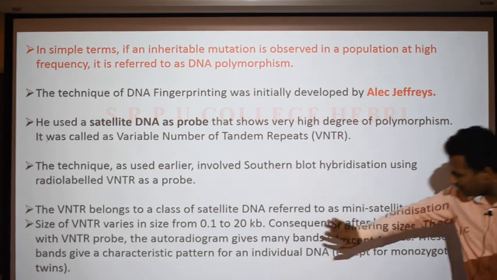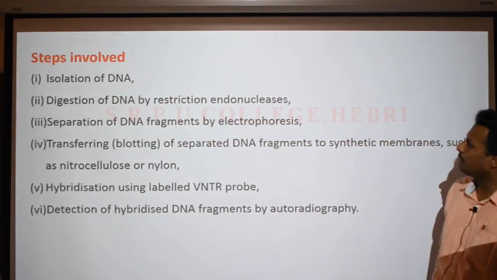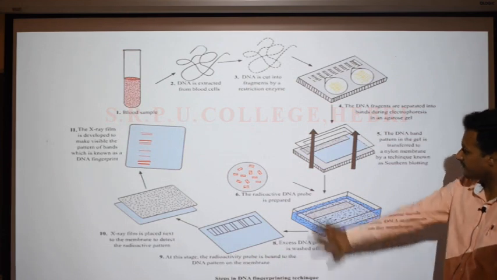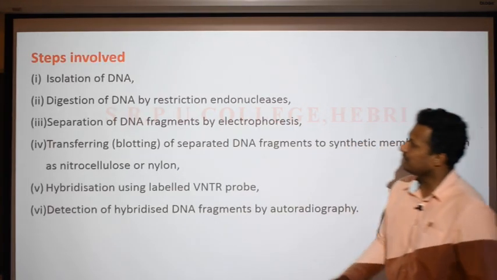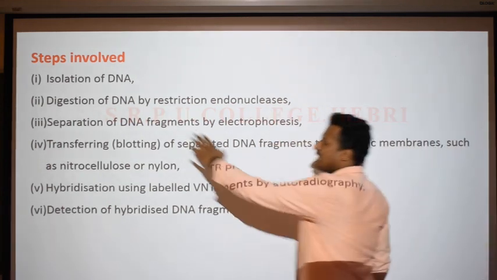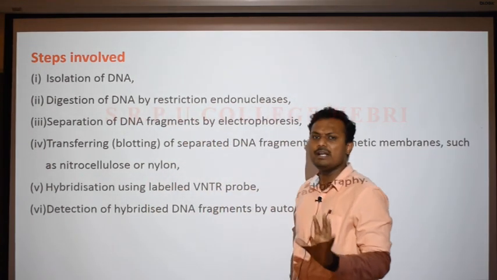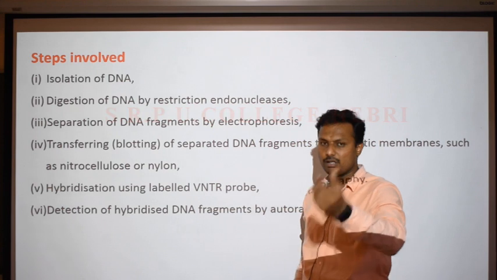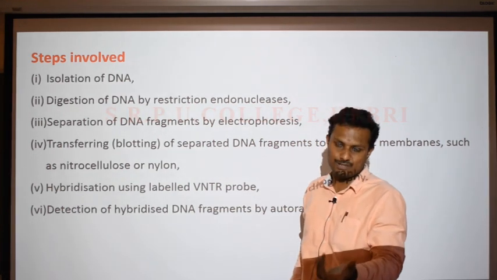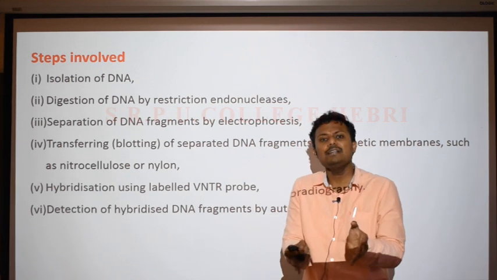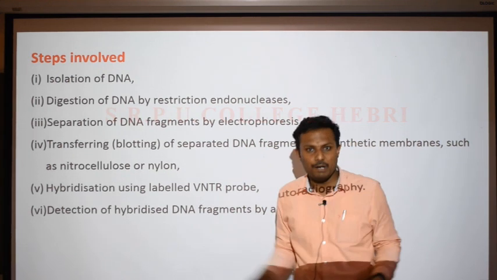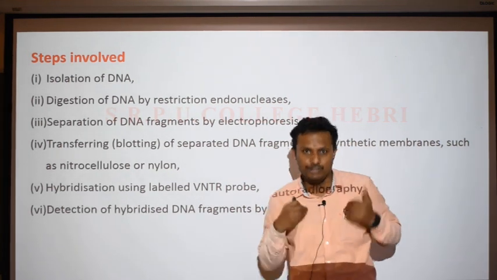In order to understand this, you have to watch this. What are the steps involved here? That is the isolation of DNA. We need to take the DNA that has the VNTR, the repeated DNA sequences or satellites. You can take this DNA from any part of the body, from any cell of an individual.